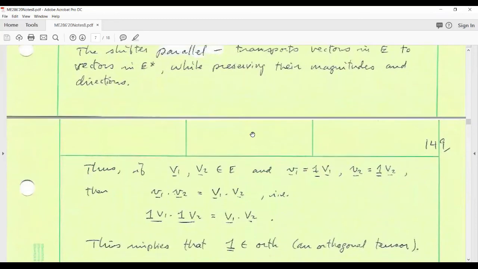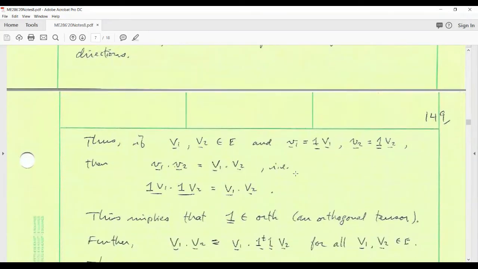So for example, suppose you have two vectors in E, the referential vector space, V1, V2, and their shifted versions, small v1, small v2. And I'm using small v instead of capital V because being elements of a different vector space, they're conceptually distinct from the capital V's. So we should use a notation that maintains that distinction.